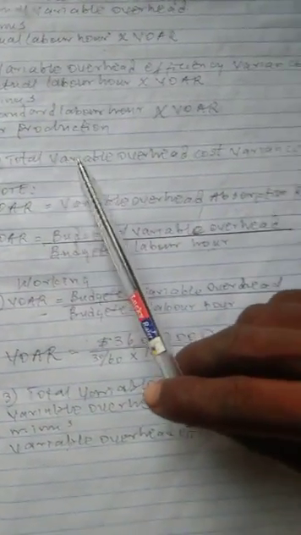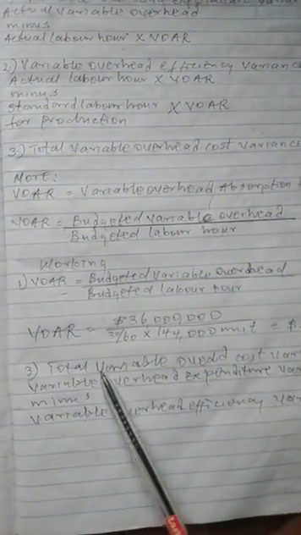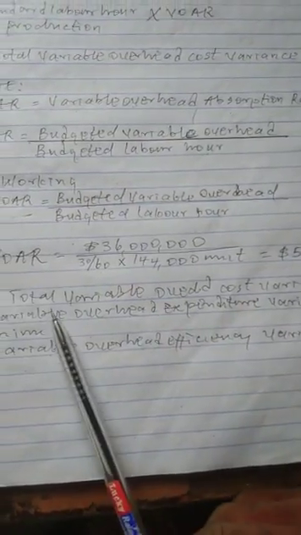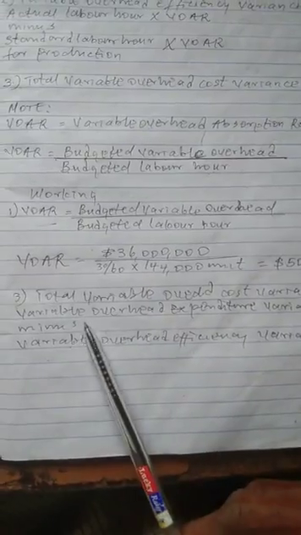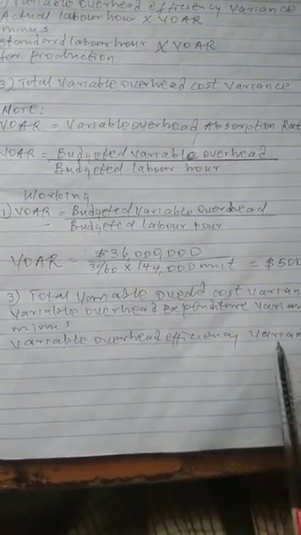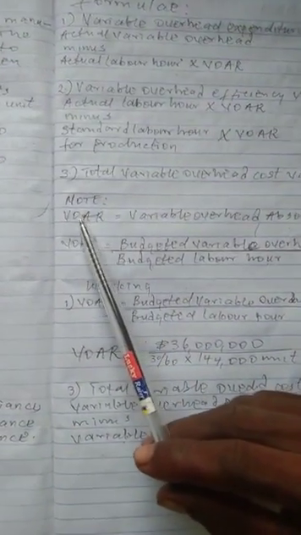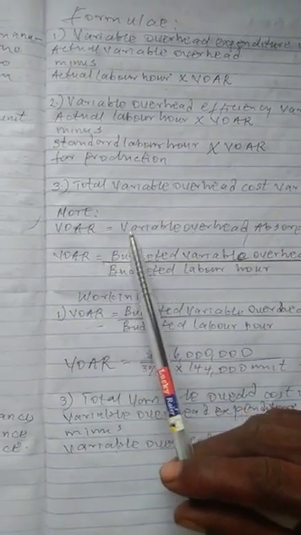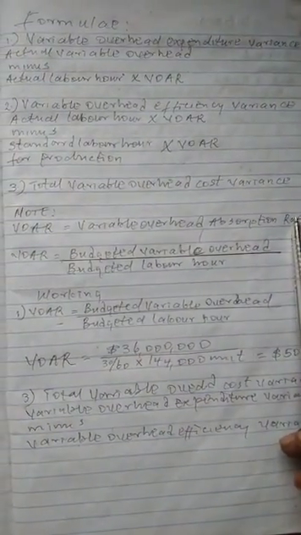3. Total variable overhead cost variance is equal to variable overhead expenditure variance minus variable overhead efficiency variance. Note, VOR, the full meaning of it is variable overhead absorption rate.